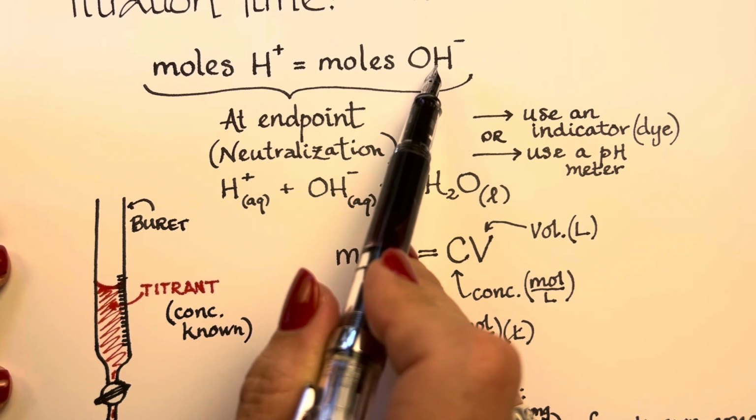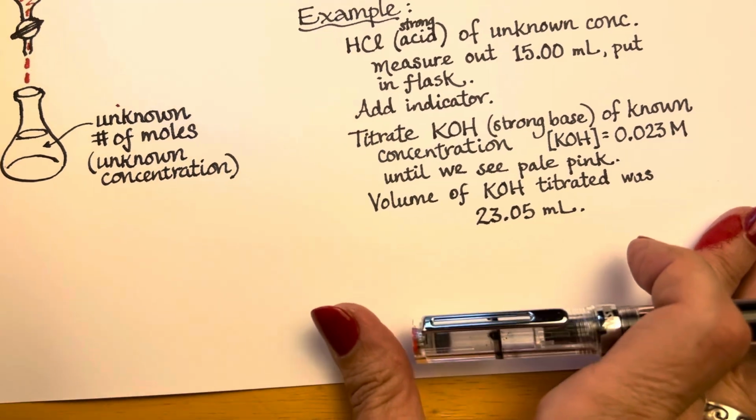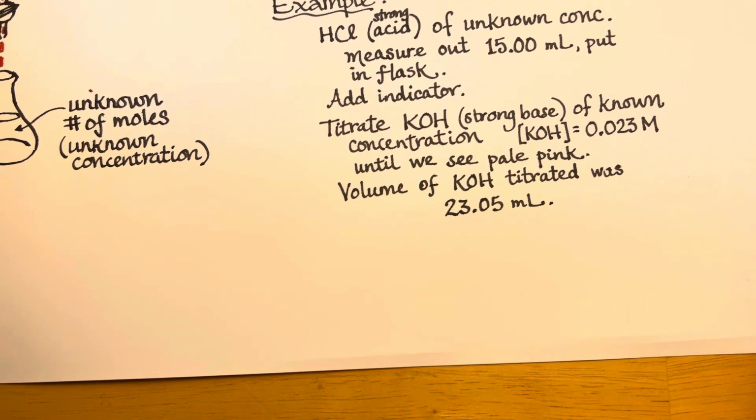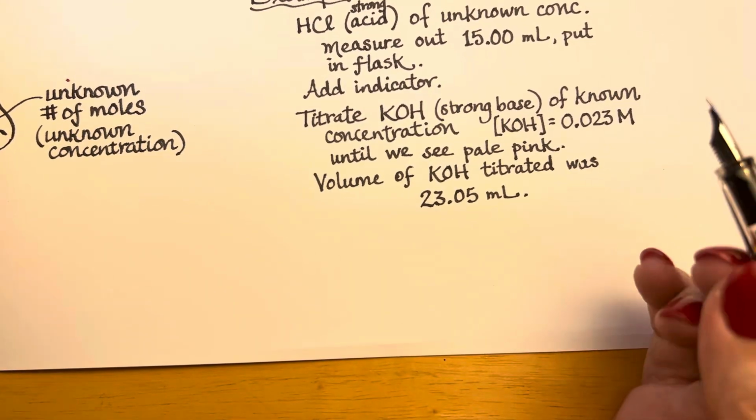And in this case, we have an acid that has one hydrogen ion and a base with one hydroxide.